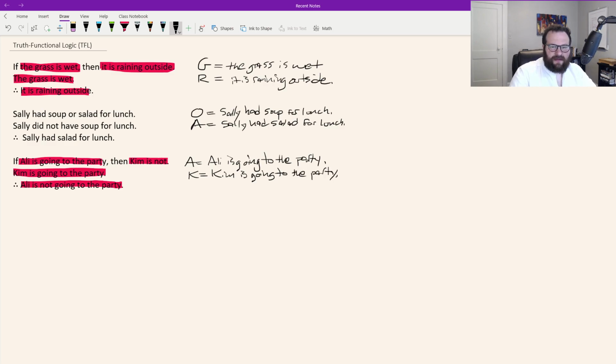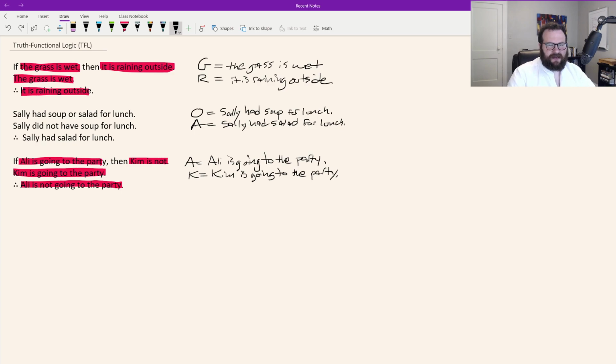Again, even though this says not here, I'm not going to incorporate that in my sentence letter. Why? Because I can always write not in front of this. So second premise, Kim is going to the party. Okay, that's just K. And then our conclusion, Ali is not going to the party. Well, that's just not A, right? So again, we're done with only 2 sentence letters.